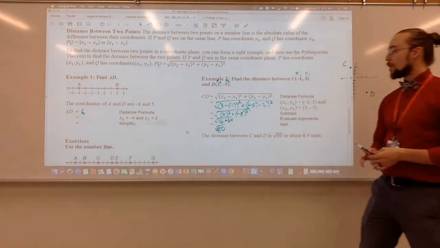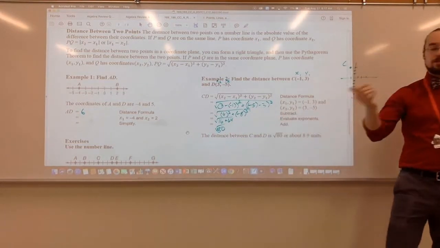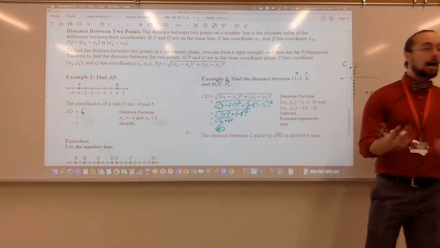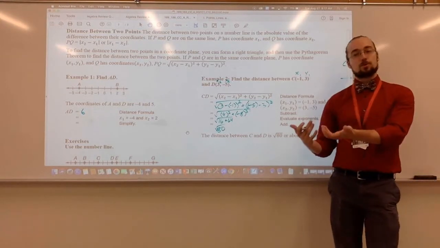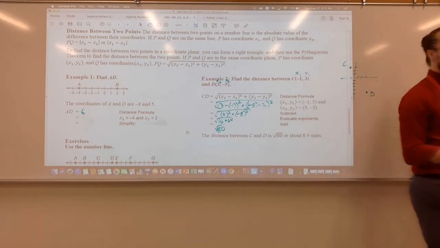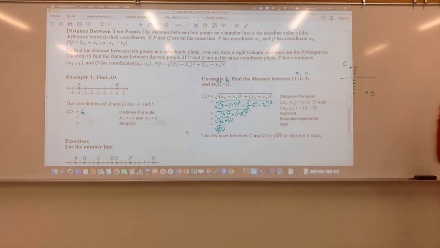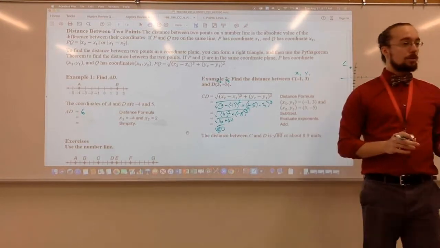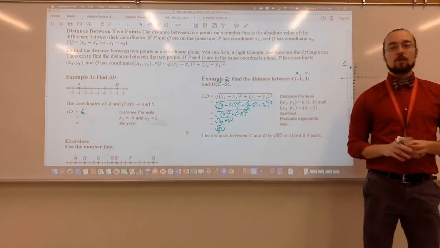I think maybe instead of listing all of the factors, it might be easier to try to divide the perfect squares into this number. So I think 16 ends up being the largest perfect square that will divide evenly into that, okay? You can use your calculator to figure that out.